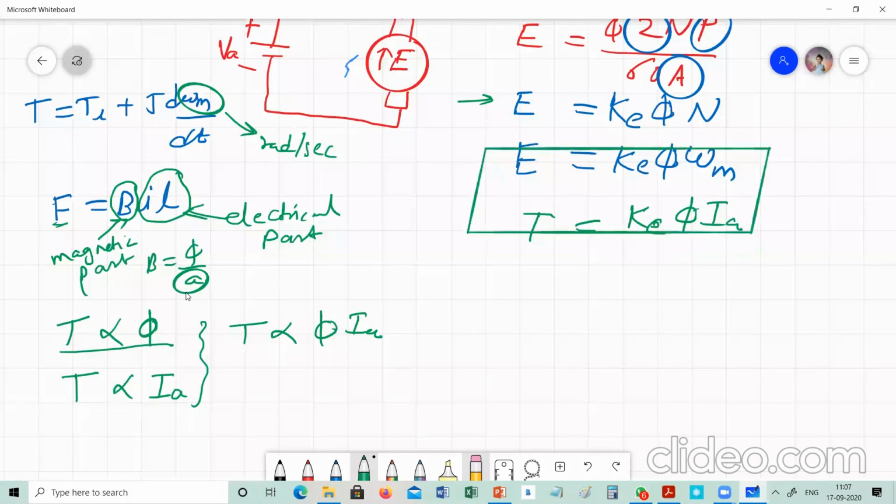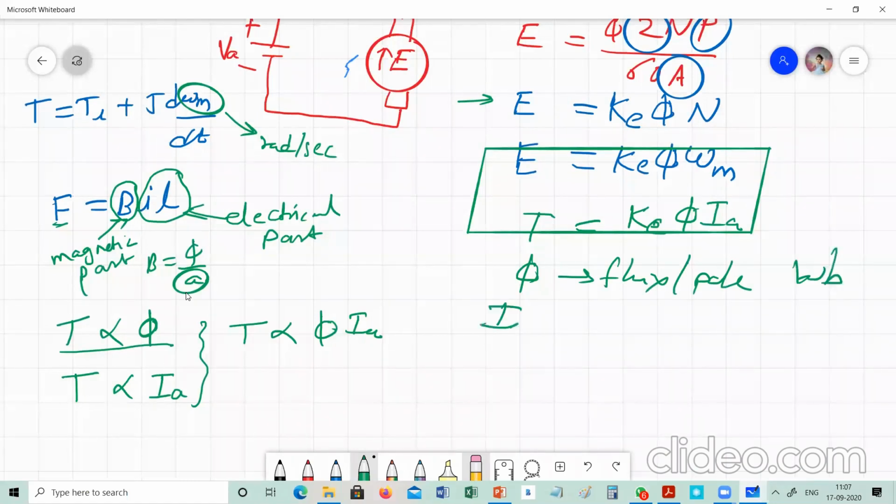One is the back EMF equation given by Ke phi omega m, and the second equation is T equal to Ke phi Ia, where phi is the flux per pole or just flux. Its unit is Weber.